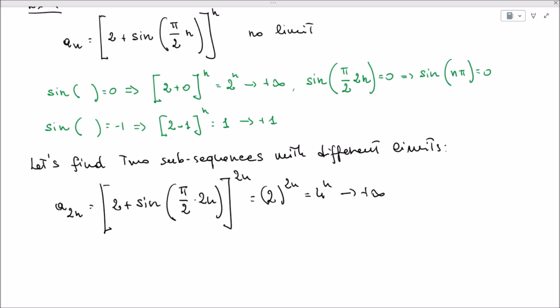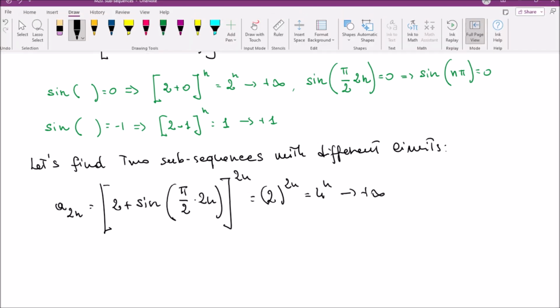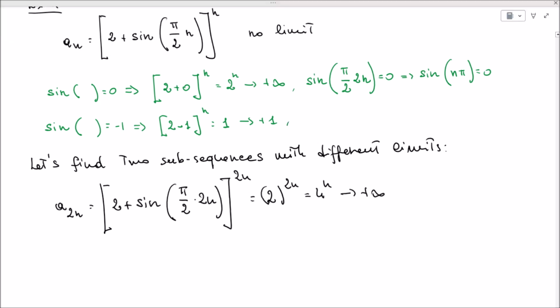So we have now a first subsequence. Then we need another subsequence such that the sine of pi over 2 times something, we need to find the specific strictly increasing subsequence of indices, such that this is going to be equal to minus 1.